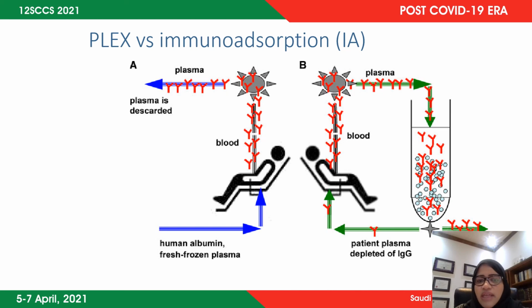There are small studies recommending that immunoadsorption is as effective as plasma exchange in a small series in treating autoimmune encephalitis. So as I mentioned, this could be something that's coming up in the future because it's more targeted toward the antibodies, more specific.